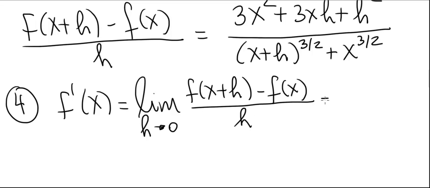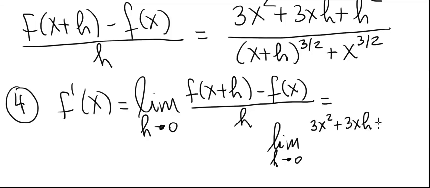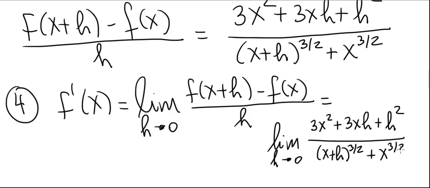So in our case this is equal to the limit as h approaches 0 of 3x squared plus 3xh plus h squared divided by x plus h to the 3/2 plus x to the 3/2. Note that h goes to 0, not x.